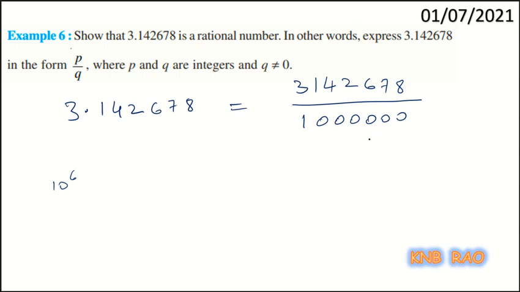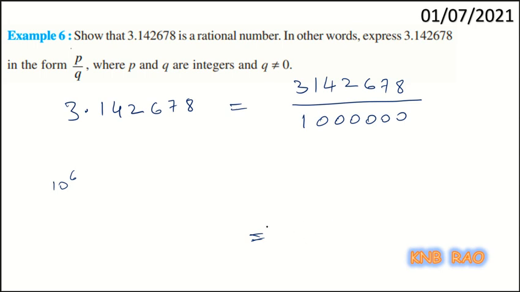If you wish to cancel, you can cancel and convert it into the simplest form or standard form of the rational number, that is one of the possibilities, okay children.